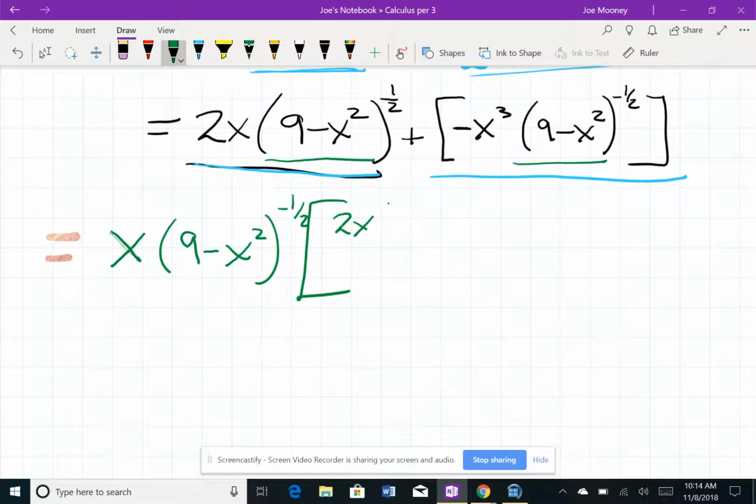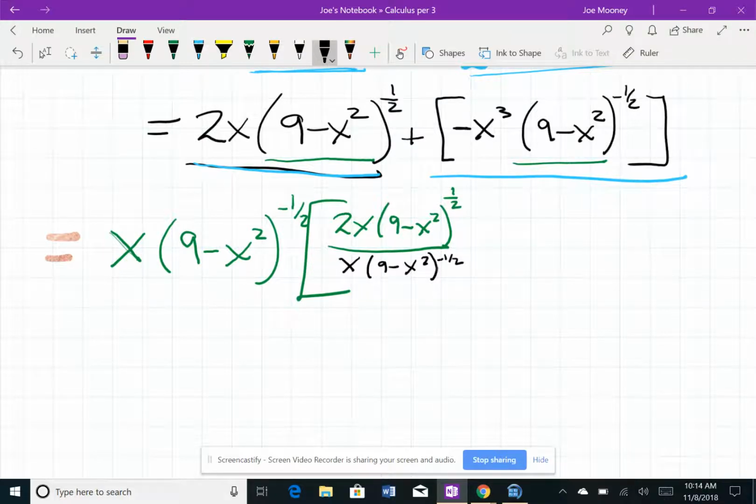So 2x times 9 minus x squared to the 1/2. And what I did was I took out of that an x and a 9 minus x squared to the negative 1/2. So I'm showing what I pulled out, and then that'll show you the simplification.